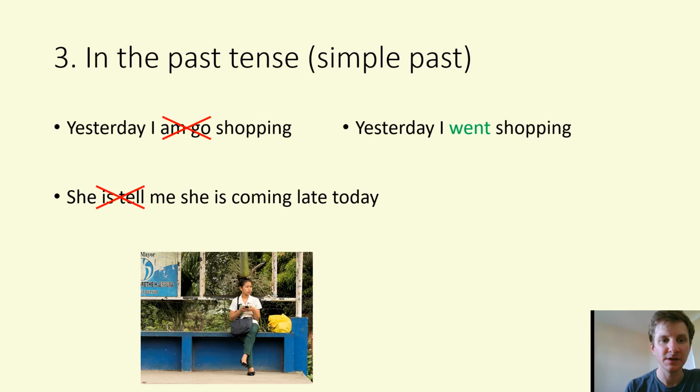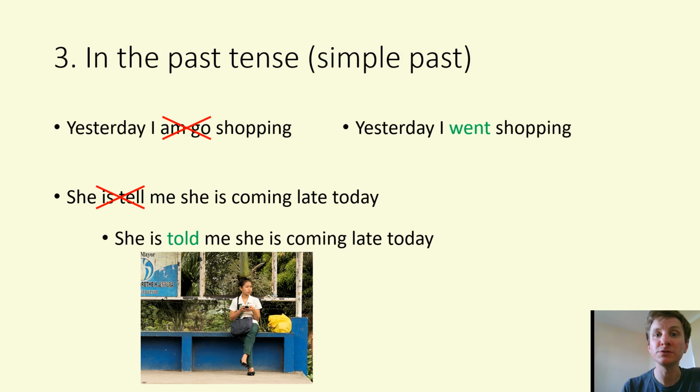Also, she is tell me she is coming late today is wrong. You should say instead, she told me she is coming late today. So we're using the past tense form of the main verb here, not the be verb.